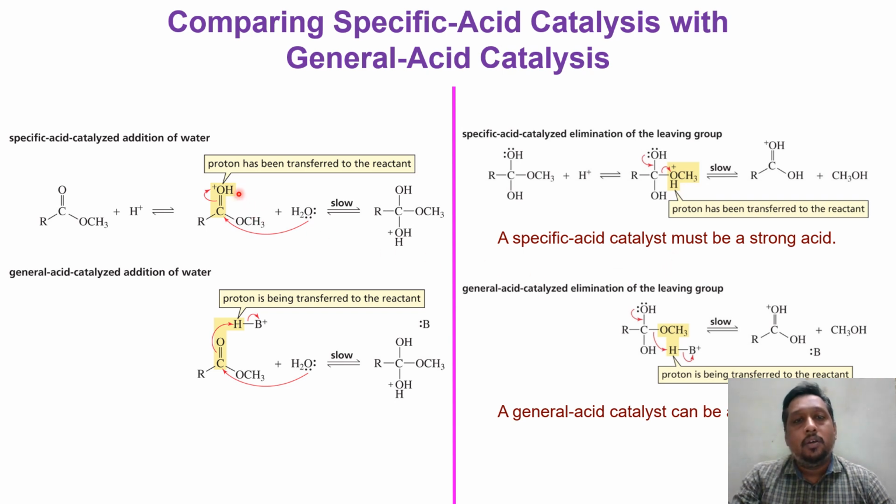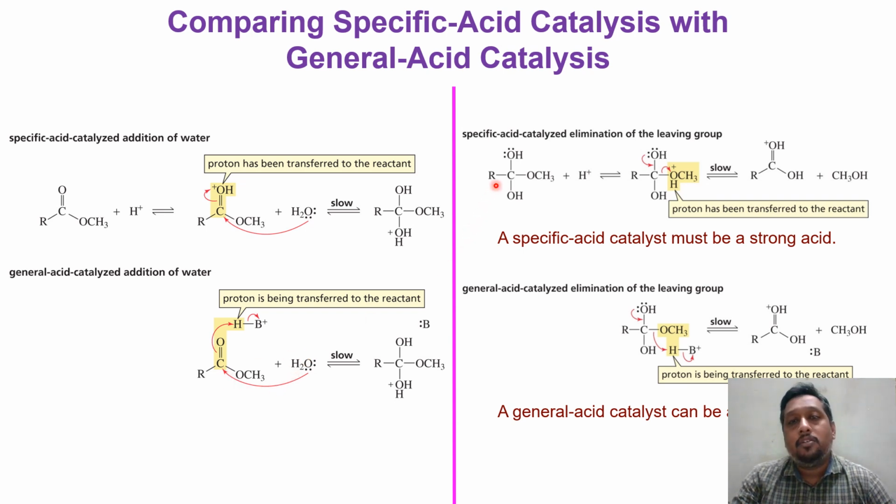So first, in the case of specific acid catalyzed addition of water, the proton has been transferred to the reactant before the slow step, which is nothing but the attack of the nucleophile. In general acid catalyzed addition of water, the proton from the acid is transferred to the reactant during the slow step, which means during the addition of the nucleophile.